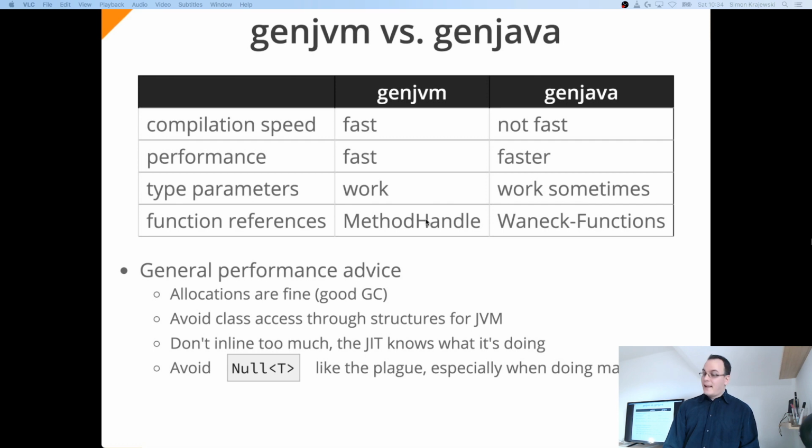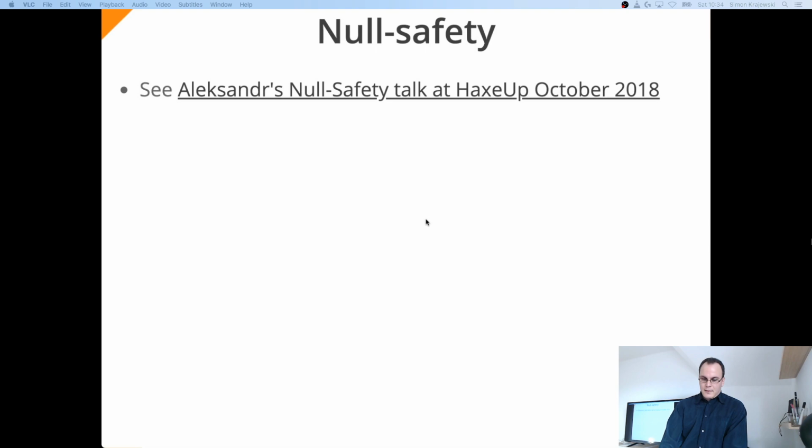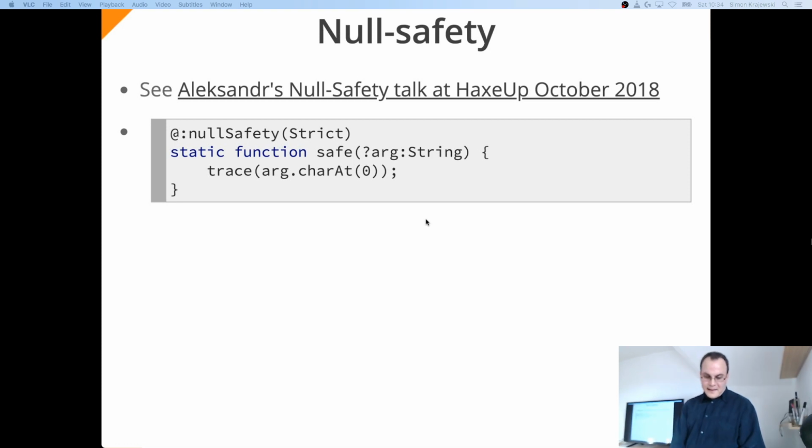So if you want to do any kind of heavy math, don't use nullability whatsoever. And something that might help with avoiding nullability is the new null-safety feature which Alexander implemented. He went into detail on it right here last year, so you can watch his talk for that. You can now add null-safety. In this case, I use strict, and we have an argument which is optional, which means it can be null.